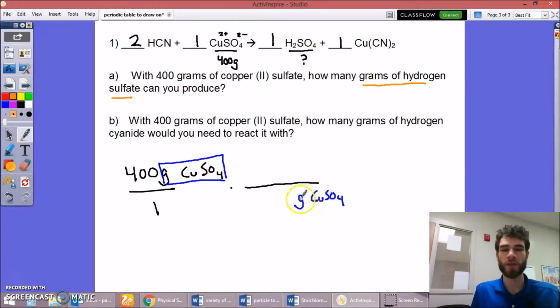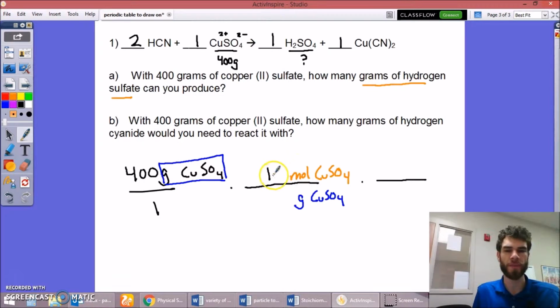So we have to go from grams of copper sulfate into moles of copper 2 sulfate. So we're going from grams to moles here. Okay, now we have to come up with the numbers that work in this conversion fraction. So the number 1 always goes with moles unless it's a mole-to-mole ratio, which we're going to get to in our next fraction out here.